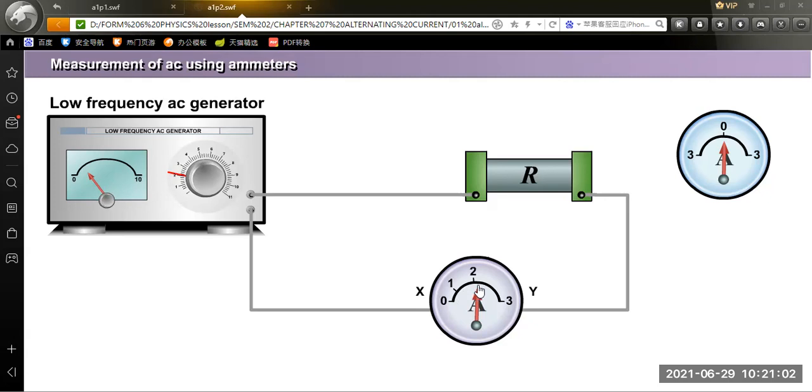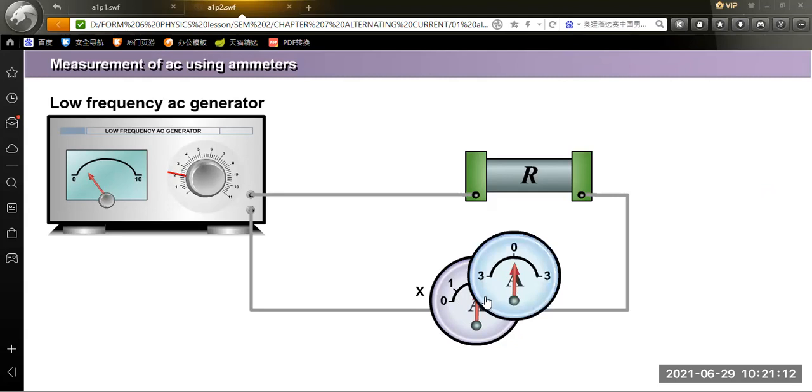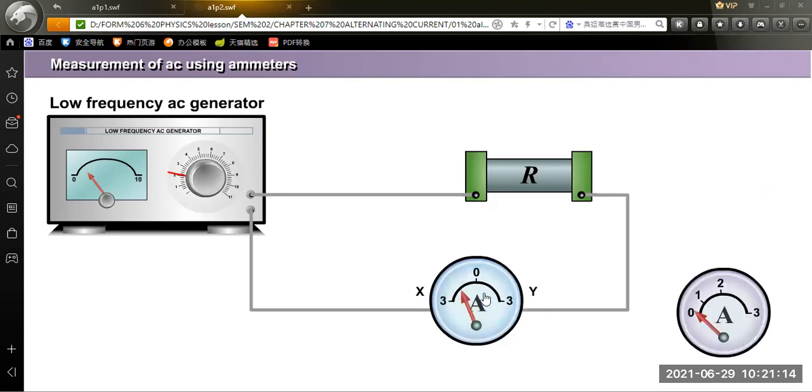Just now we noticed 3 something, but now just 2 point something, less than 3. The maximum value is 3 amperes, left and right, confirmed.